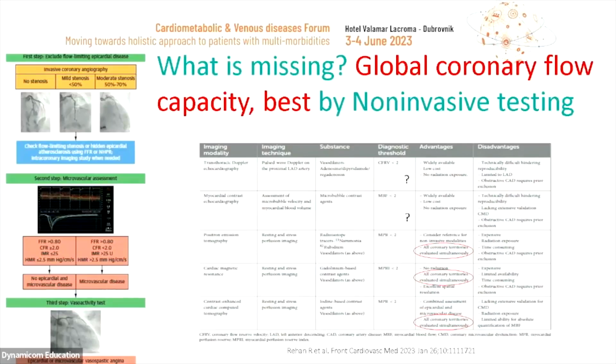So some people criticize the invasive coronary testing as being too regional and as missing a global coronary flow capacity, which indeed brings the non-invasive tests, the most modern, like positron emission tomography and cardiac magnetic resonance, to the forefront, because they indeed have the capacity to measure all coronary territories and even to measure absolute flow, as we said, by PET, for instance.